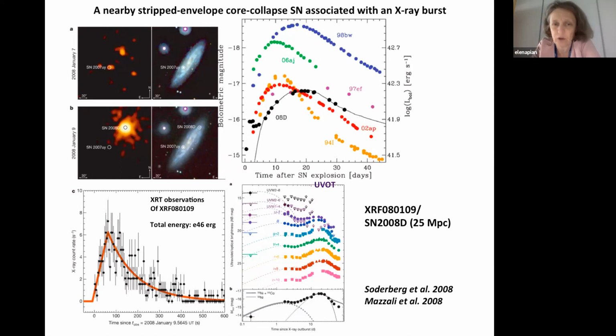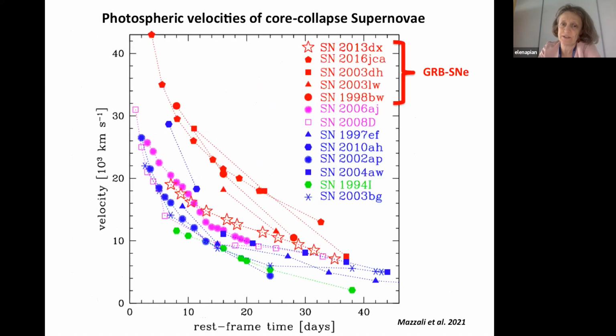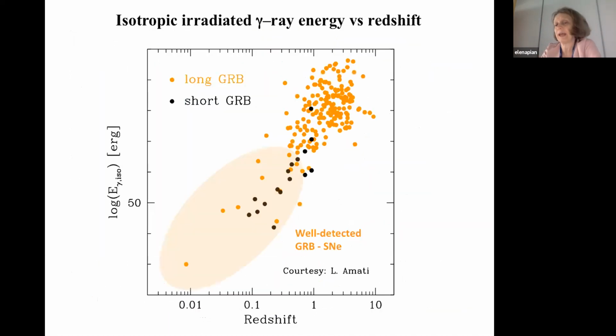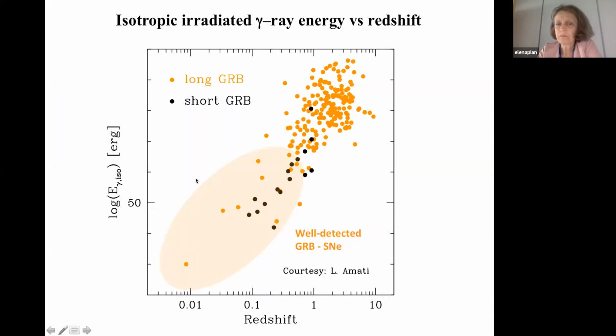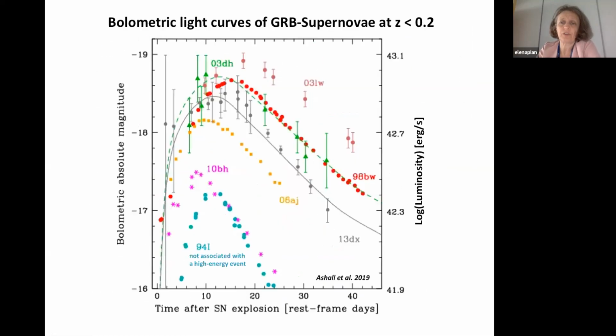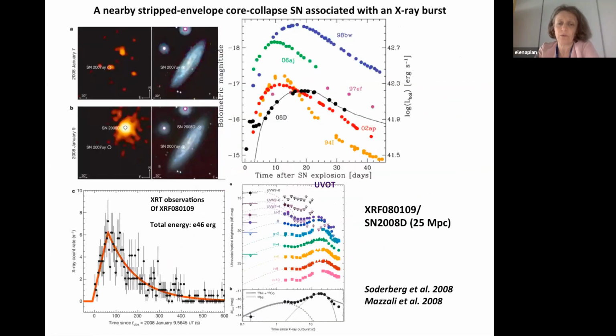Let's call it an X-ray burst, an X-ray flash, whatever. Its energy is 10 to the 46 ergs, which, compared to classical gamma ray bursts, is not even included in this viewgraph. It's too low in energy. So the energy of this event was definitely weak.